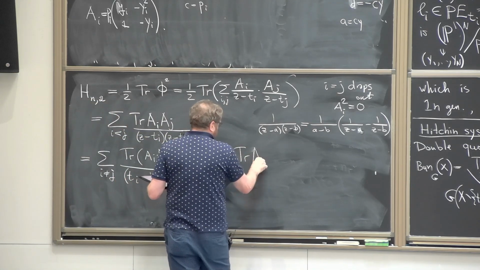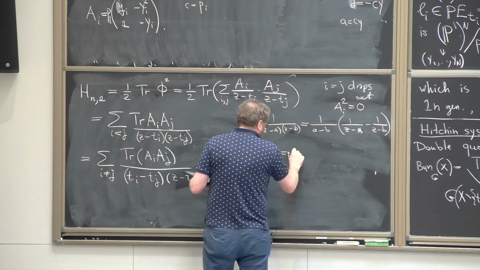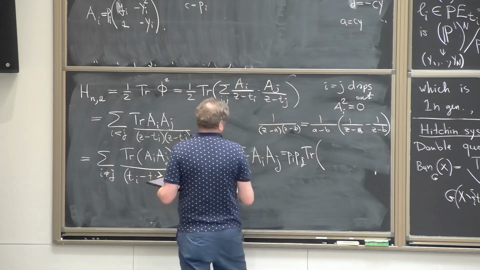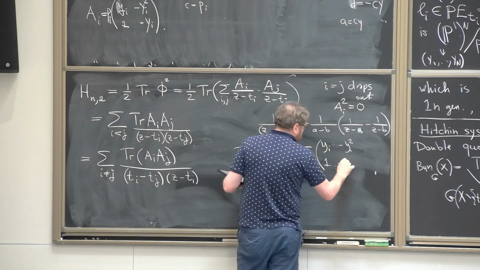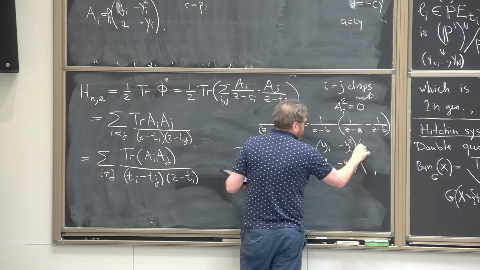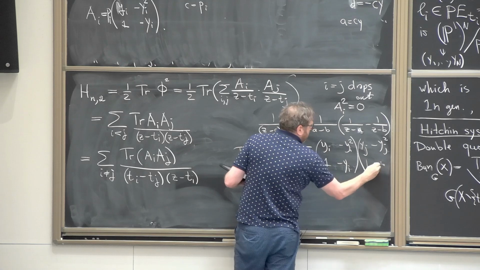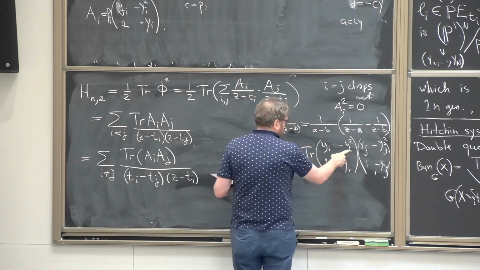So the trace of a_i a_j is p_i p_j times the trace of the product of the matrix y_i, minus y_i squared, 1, minus y_i, with the matrix y_j, minus y_j squared, 1, minus y_j. And we only need to compute the diagonal elements.